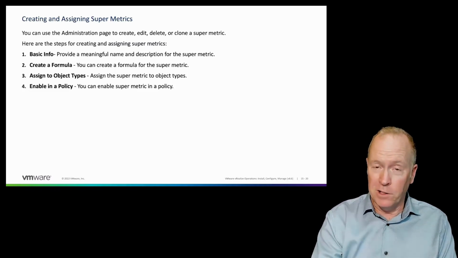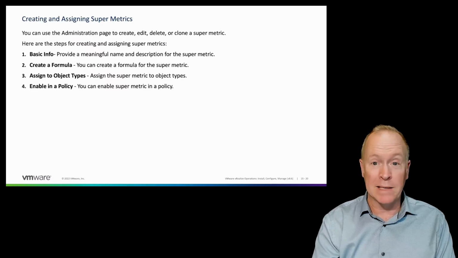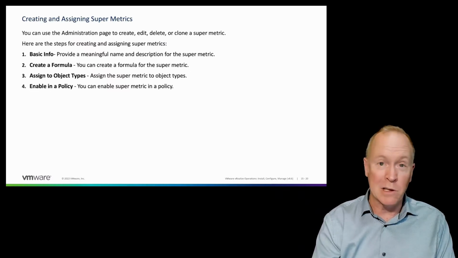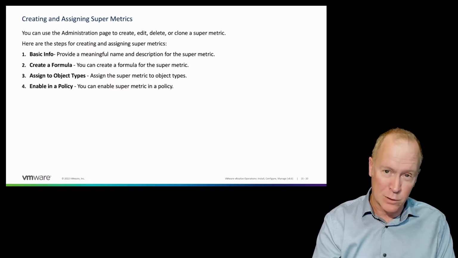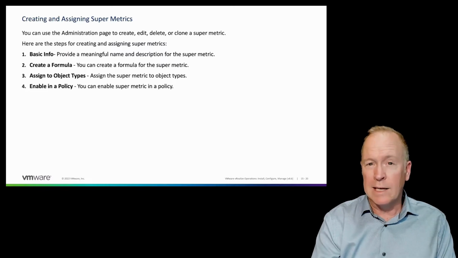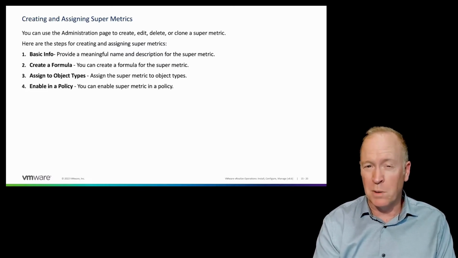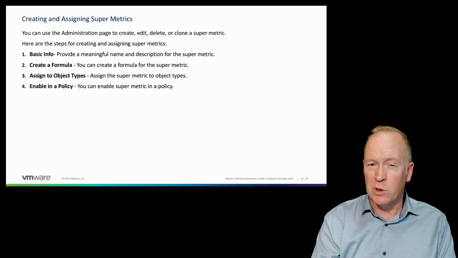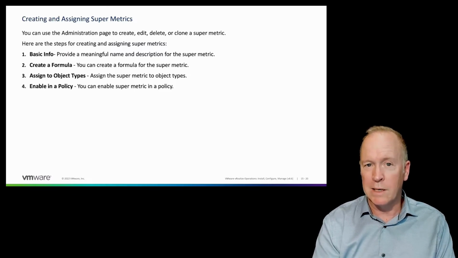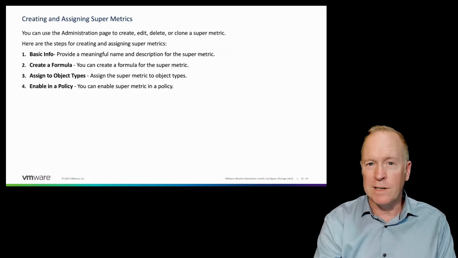In the first step, you're going to provide some basic info: the name of your supermetric and a description. In step 2, you're going to specify what your formula is. In step 3, you're going to associate your supermetric with a type of object. And in step 4, you're going to enable your supermetric in 1 or more policies. In the following slides, we'll see all 4 of these steps in action.